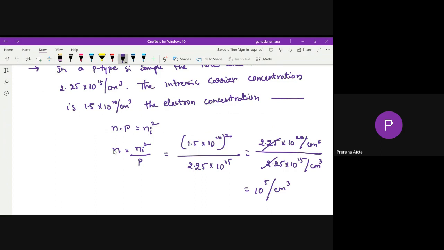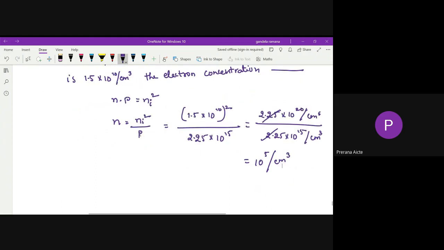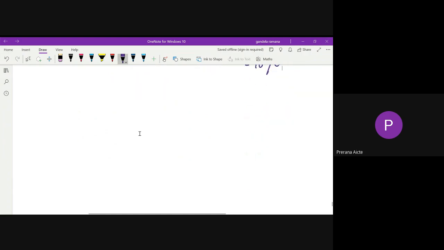So what is the next problem? The next one is on the intrinsic carrier density.